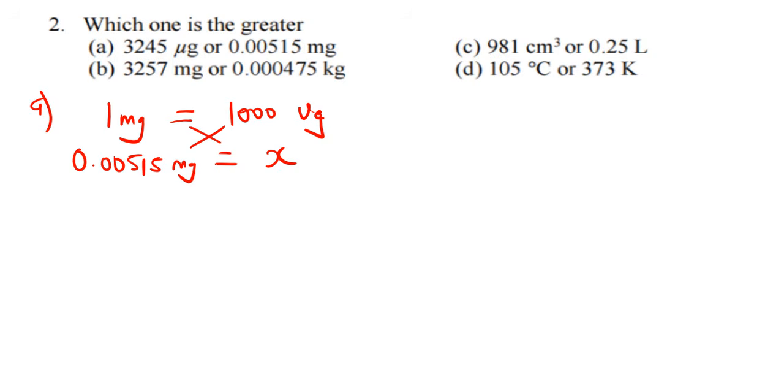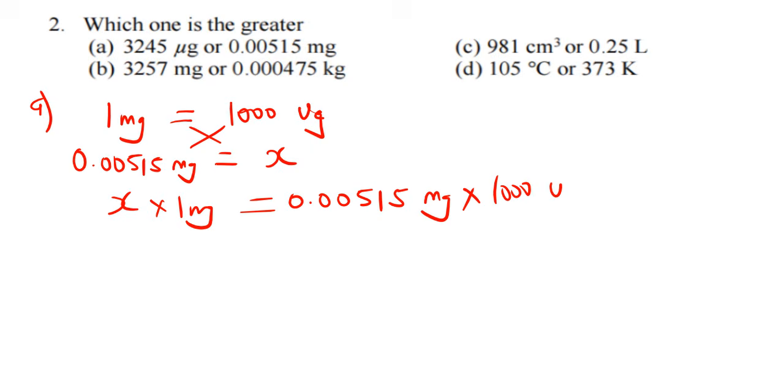So in this case, for us to find x, I'm going to have x multiplied by 1 milligram. This would be just equal to 0.00515 milligram multiplied by 1000 microgram. Then I'm going to divide by 1 milligram on both sides.